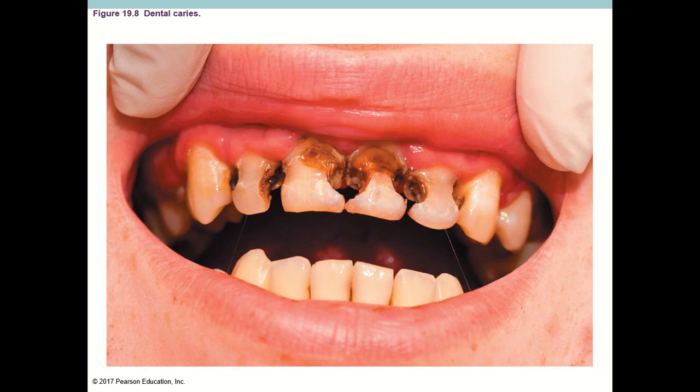The treatment of any disease caused by a Streptococcus bacteria is gonna depend on penicillin administration or ampicillin administration, depending on whether the patient is allergic to penicillin.